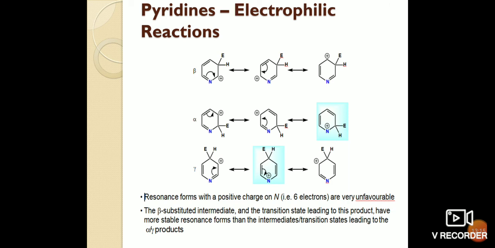The beta substituted intermediate and the transition state leading to this product have more resonance forms than the intermediates or the transition states leading to the other products.